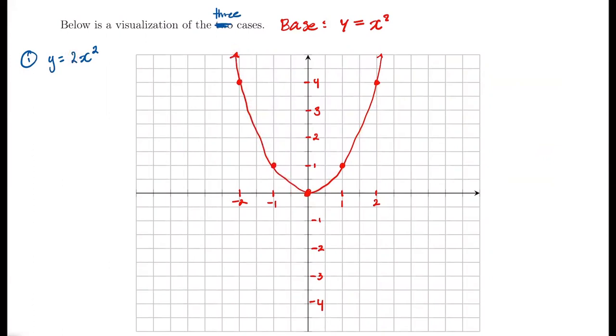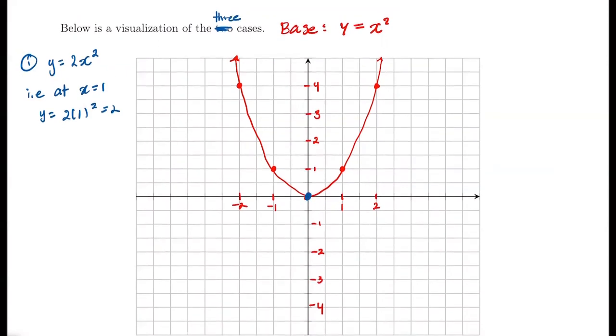So that means, for example, at x is equal to 1, we would have the point, so y is equal to 2 times 1 squared, which is equal to 2. So everything is just going to be doubled at this point. So we would still have the 0 point at the origin. And then when x is equal to 1, it's going to equal 2 now. So everything is going to be stretched vertically.